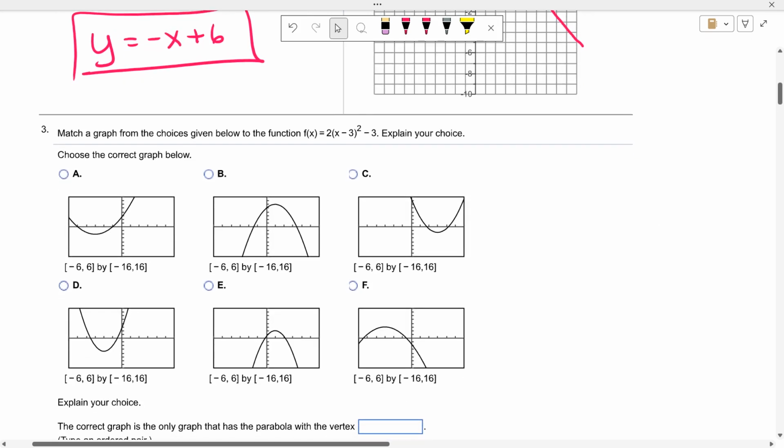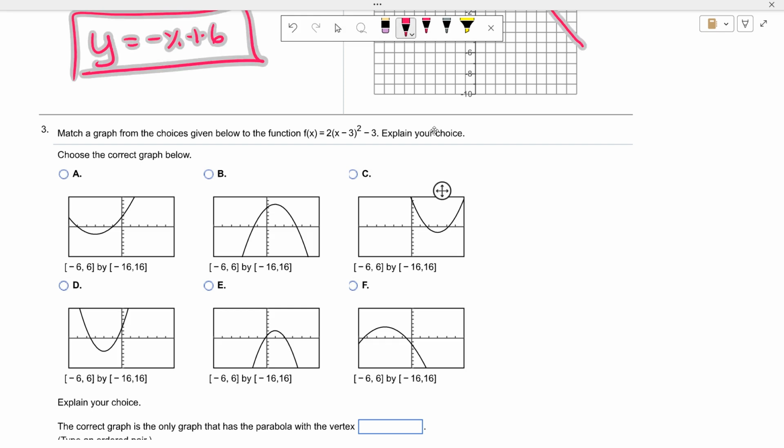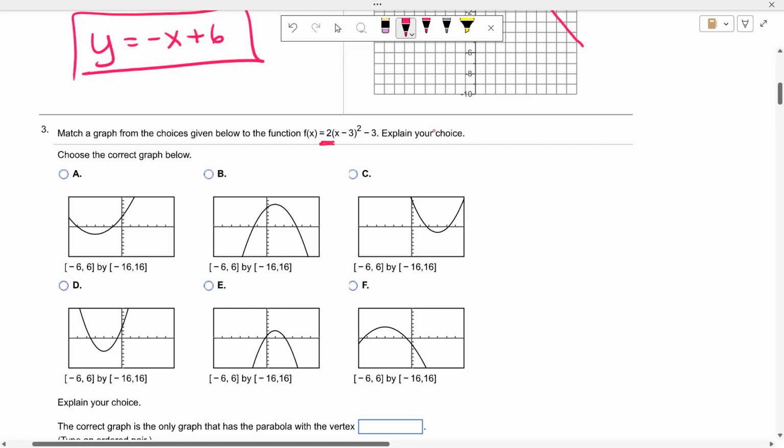This function is a parabola. Is a parabola opening up or a parabola opening down? Up, because the first term coefficient is positive. So it's not that, not that, not that. Where is the vertex of this parabola? 3, -3.